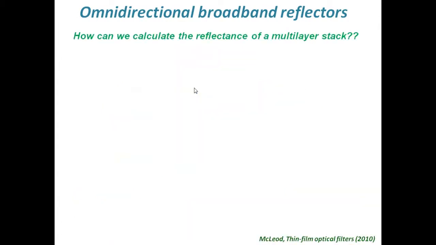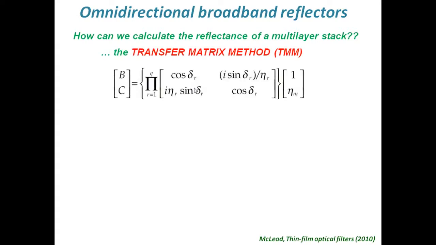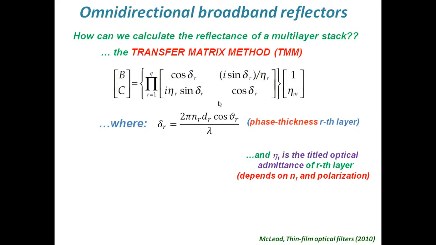So, how can we calculate the reflectance of such multilayers? Well, we use the transfer matrix method. Essentially, it's a bit tough to explain, but we assign to each layer a 2 times 2 matrix, where we perform a product of such matrices.